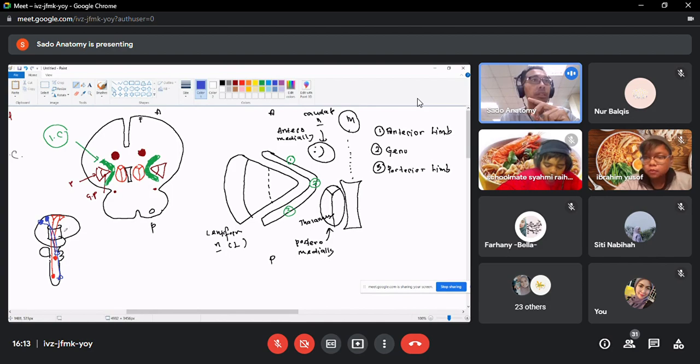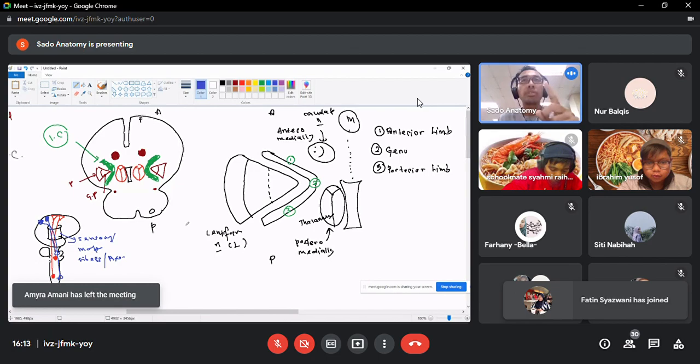Because your internal capsule has sensory as well as motor fibers, or motor axons. You don't have any other highway. That's why the internal capsule is very, very important.